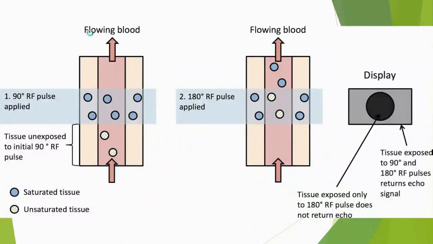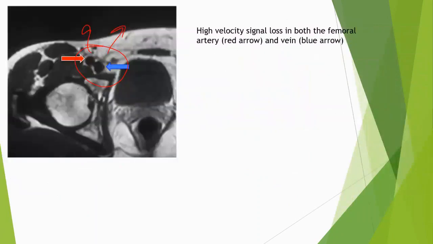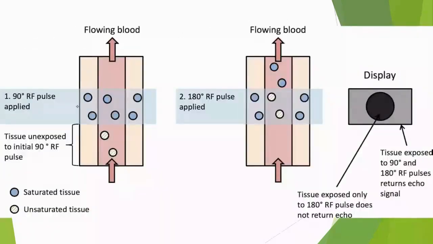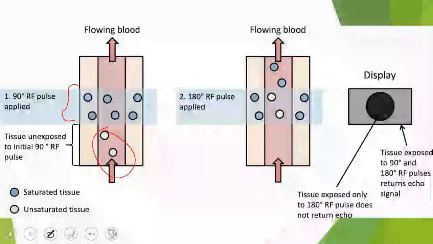Here you are applying a 90-degree RF pulse. This 90-degree pulse is applied in all these slices. They all experience excitation. The exposed part is the one that gets excited. The flow coming from outside and entering the slices is unexposed.